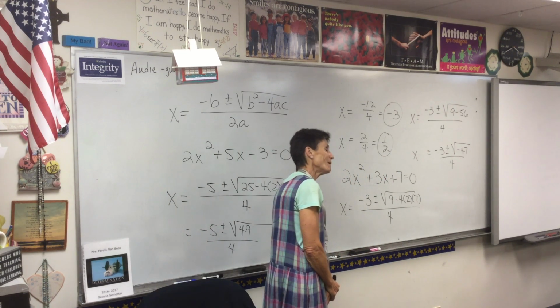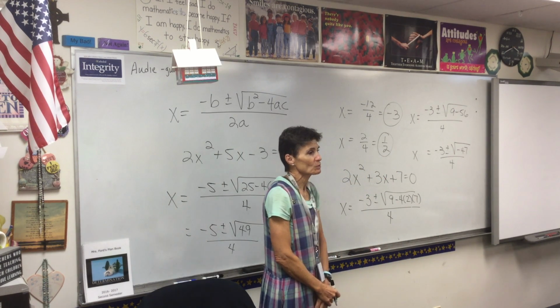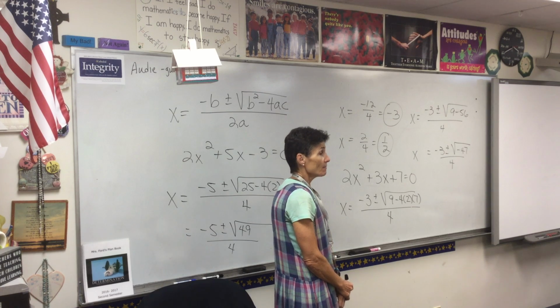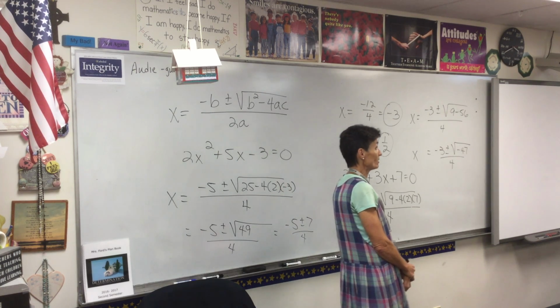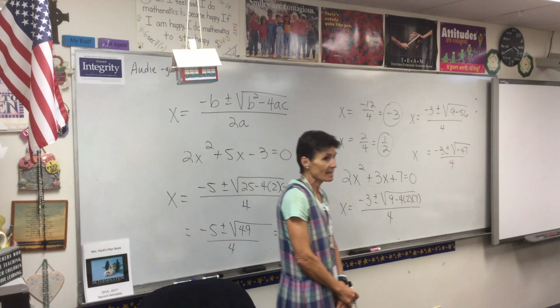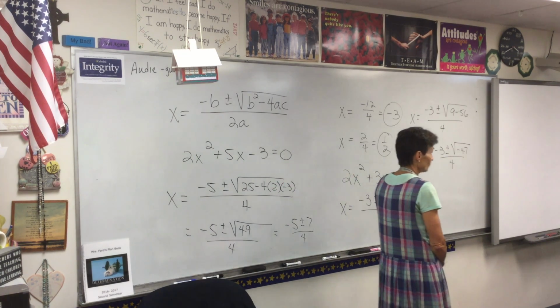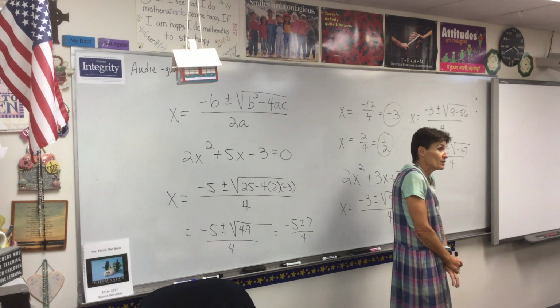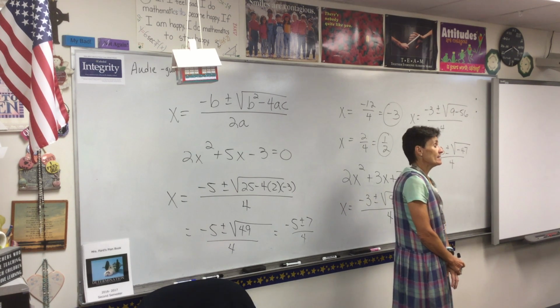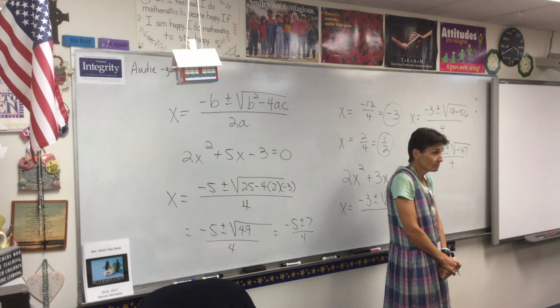So I heard somebody earlier say this problem was going to have no solution. This problem has no real solution, but it has an answer. When we take the square root of a negative, we have what we call imaginary units, right? And to indicate that, do you remember what to do?